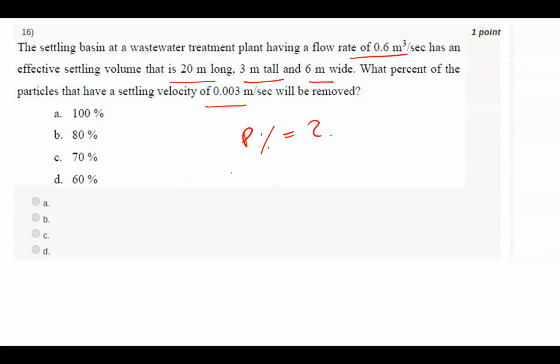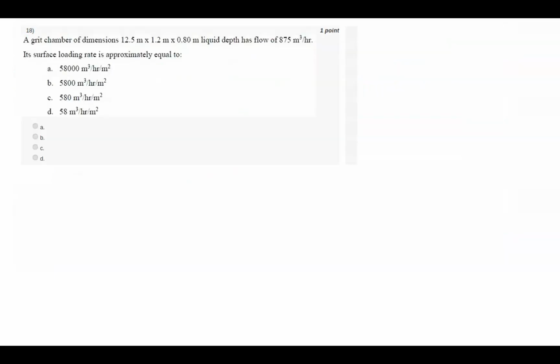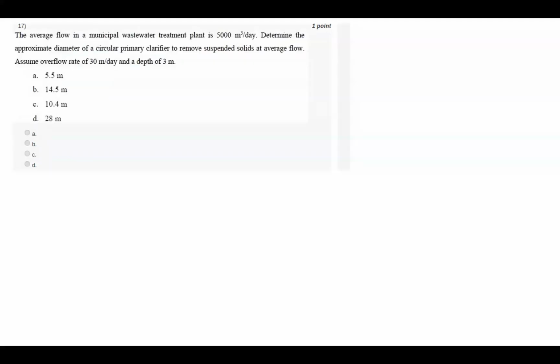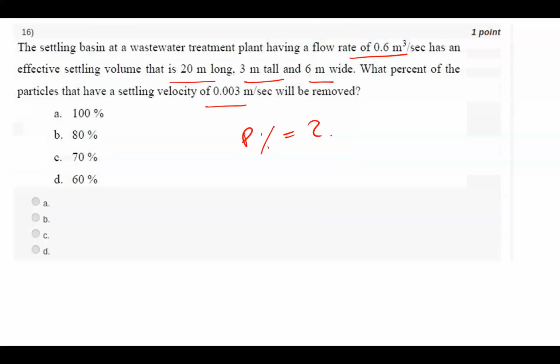For this, first of all, you have to calculate the surface overflow rate, SOR, which is equal to discharge divided by surface area.